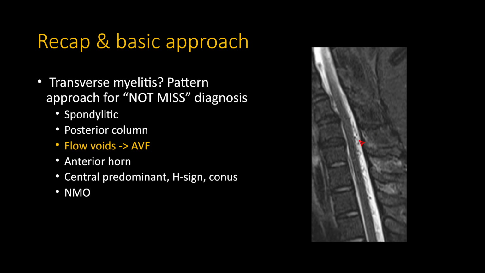As you saw in the case I showed of this AV fistula, everything else besides the flow voids looked just like something like NMO, for instance, but the flow voids really turn you down the vascular pathway. And remember, the flow voids don't necessarily have to be right next to the hyperintensity. Here, the hyperintensity is up in the cervical spine, but the flow voids are in the thoracic spine. So keep that in mind.